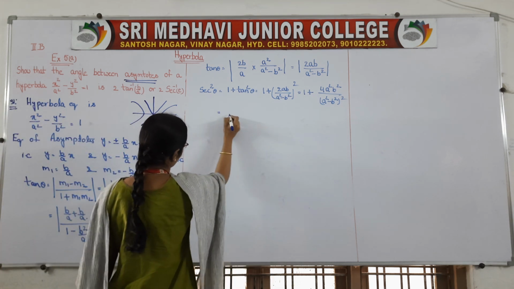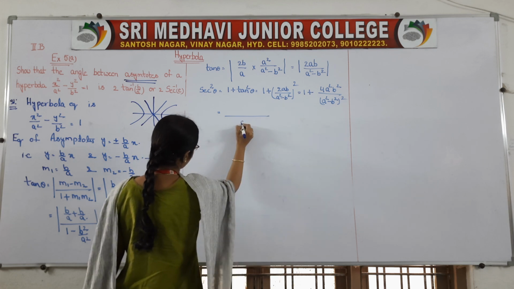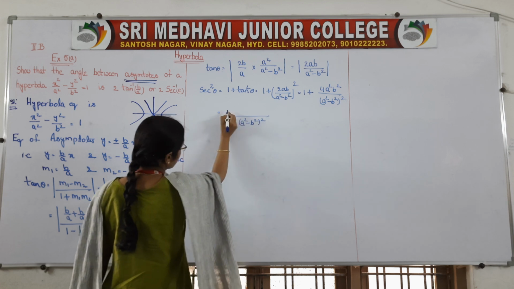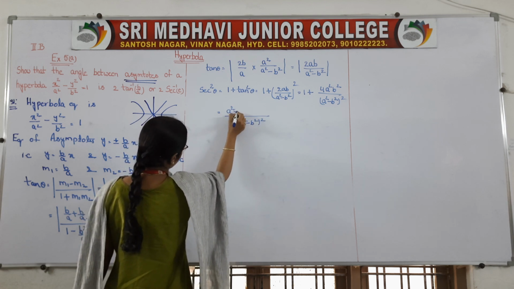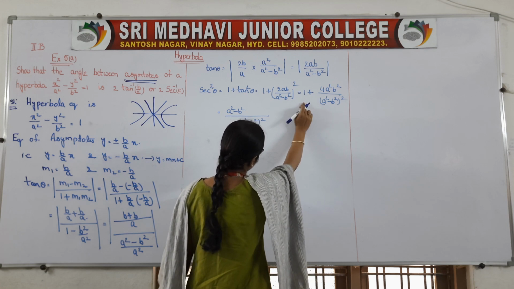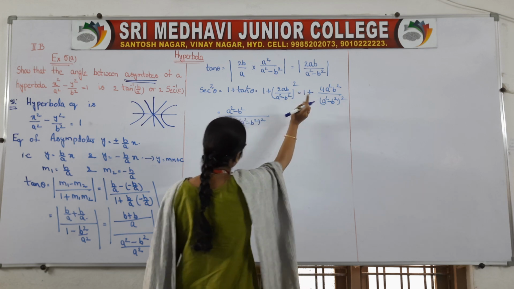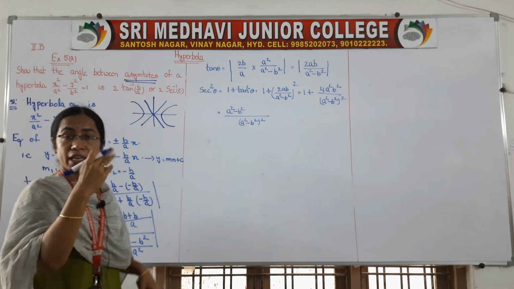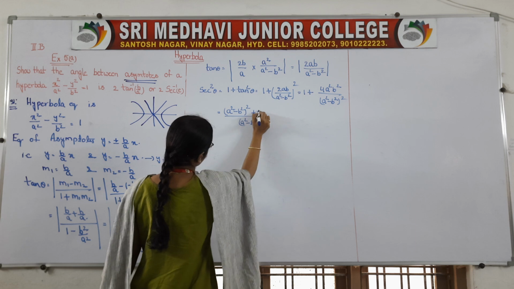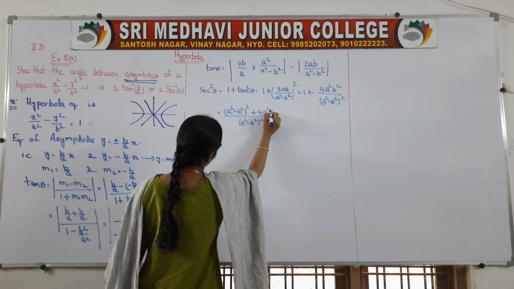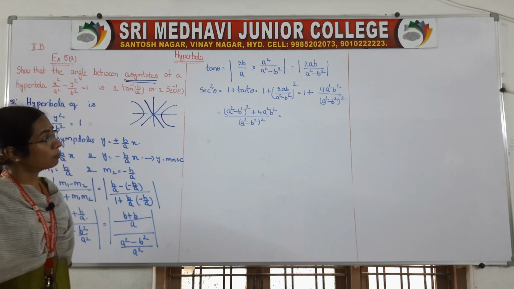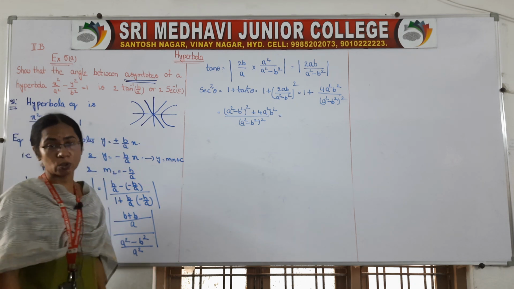Taking the LCM, downwards we have a square minus b square whole square, so we multiply 1 with a square minus b square whole square plus 4 into a square b square. So observe, it is of the form a square minus b square whole square form.